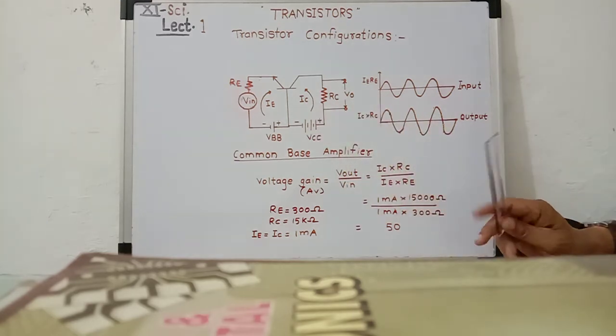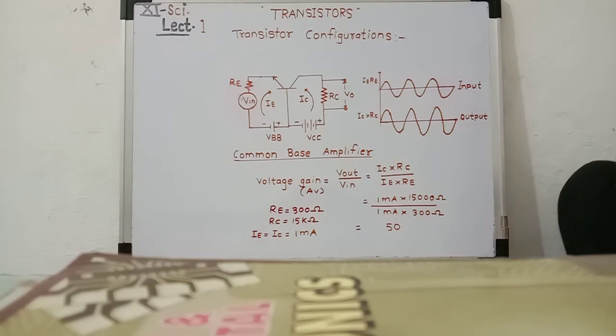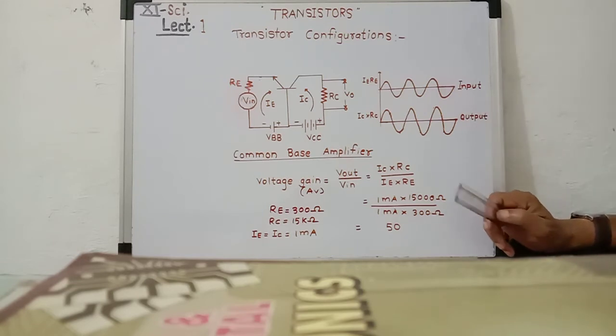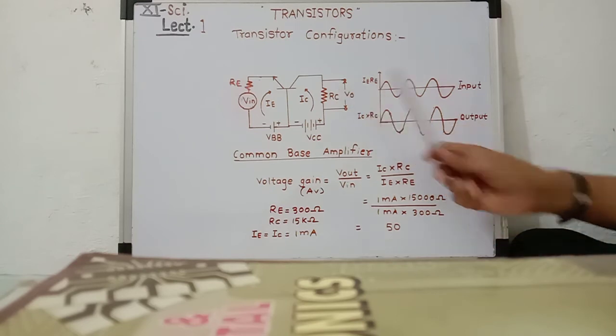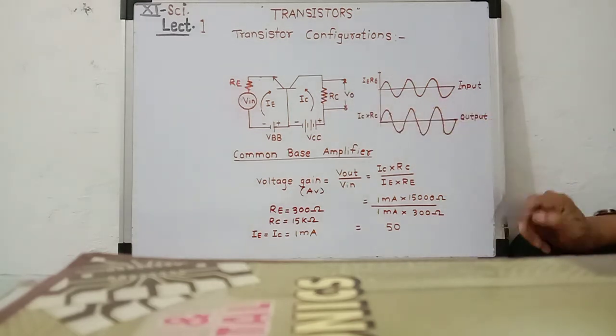Then the output resistance is equal to VO upon IC. What is VO?